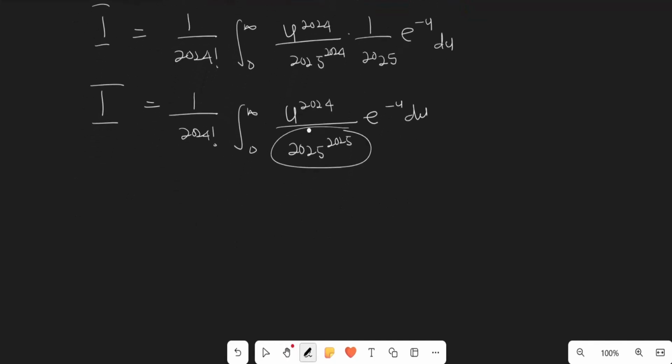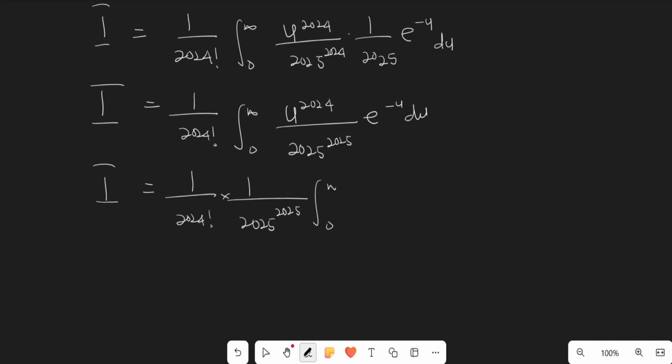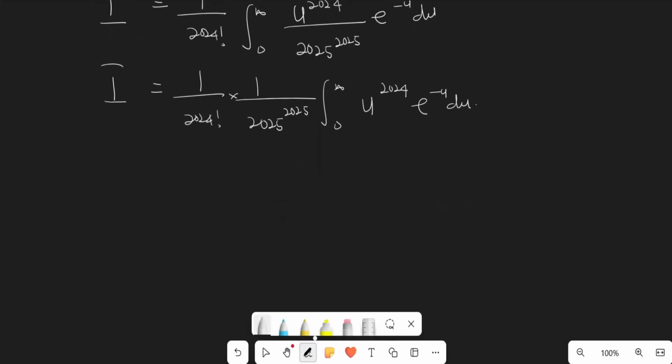This one is a constant, so we can bring it out in front. This is 1 all over 2024 factorial times 1 all over 2025 raised to the power 2025, the integral from 0 to infinity of u raised to the power 2024, and then e raised to the power negative u du. Now we can compare this one to the factorial function.